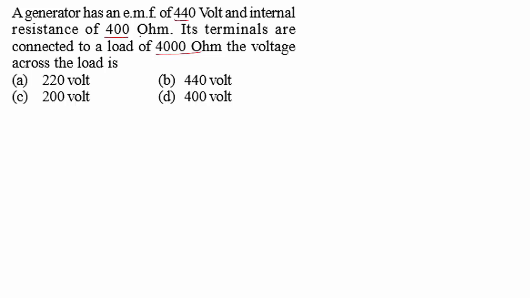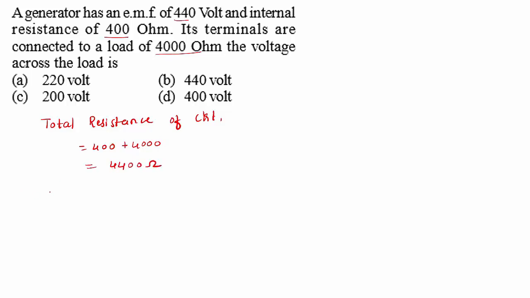First we can write the total resistance of the circuit. Internal resistance is 400 ohm and the load added to the circuit has resistance 4000 ohm, so the total resistance of the circuit is 4400 ohm.